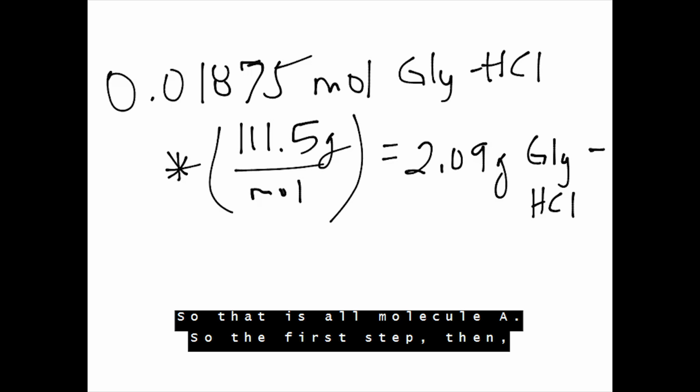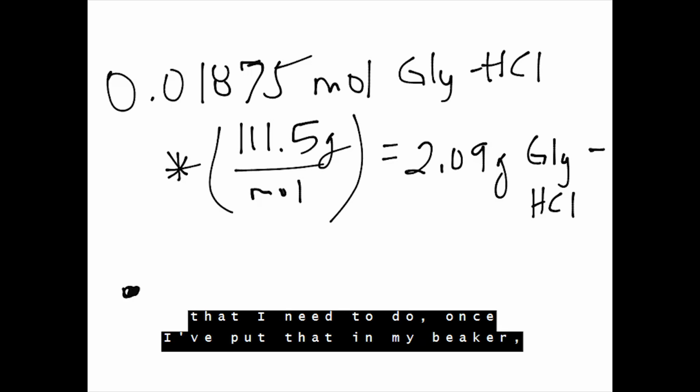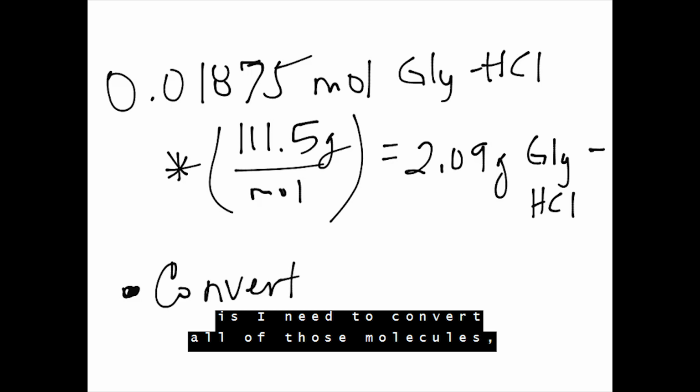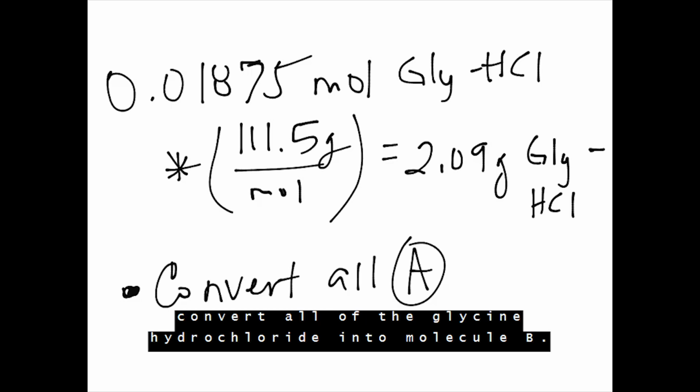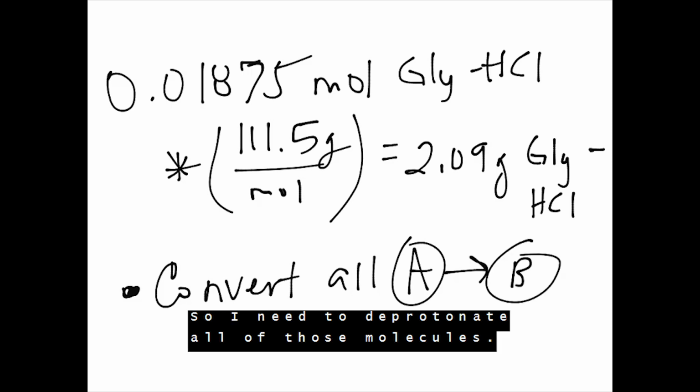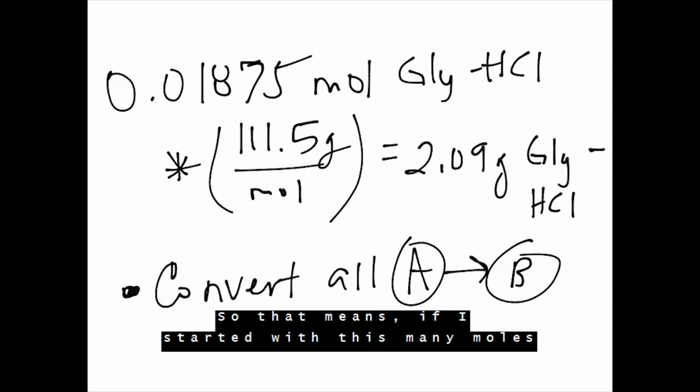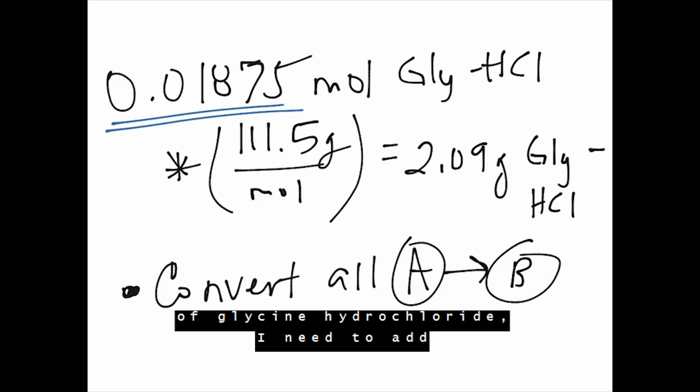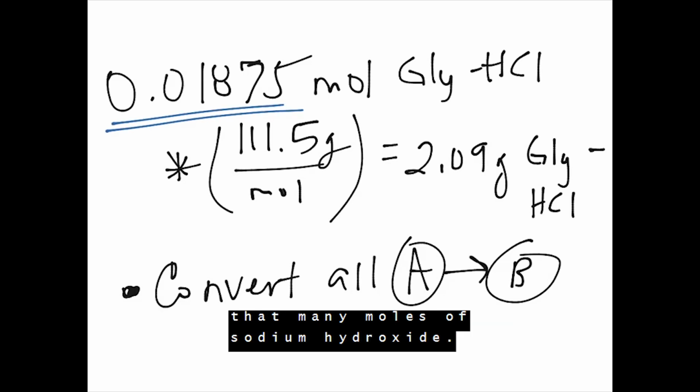So the first step, once I put that in my beaker, is to convert all of the glycine hydrochloride into molecule B. So I need to deprotonate all of those molecules. That means if I started with this many moles of glycine hydrochloride, I need to add that many moles of sodium hydroxide.